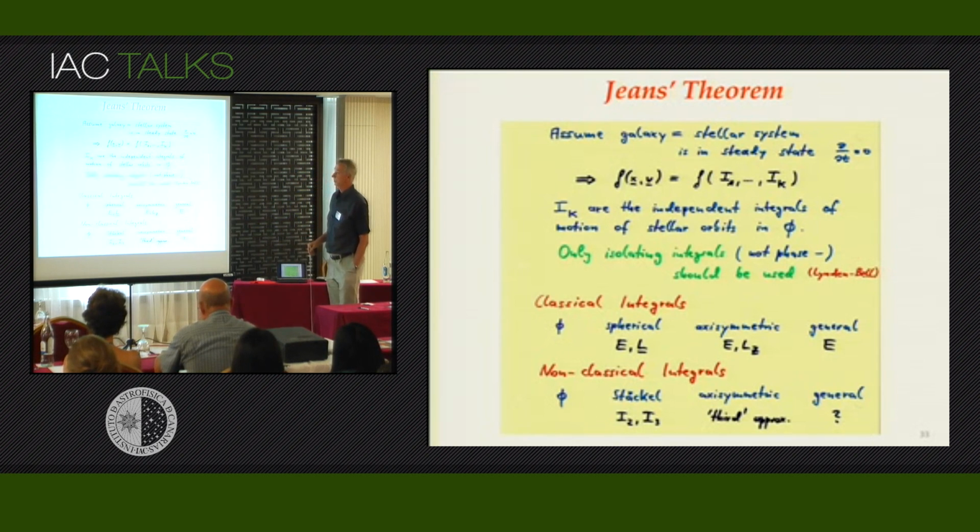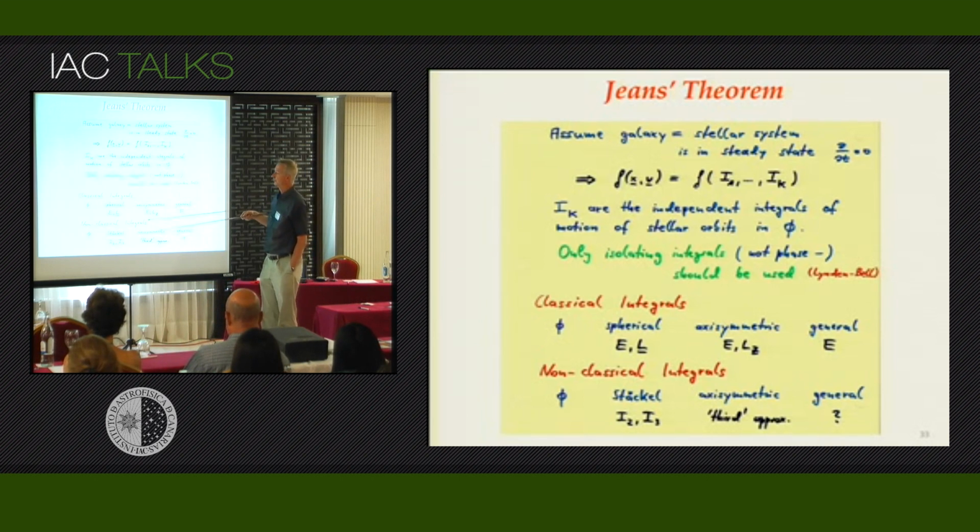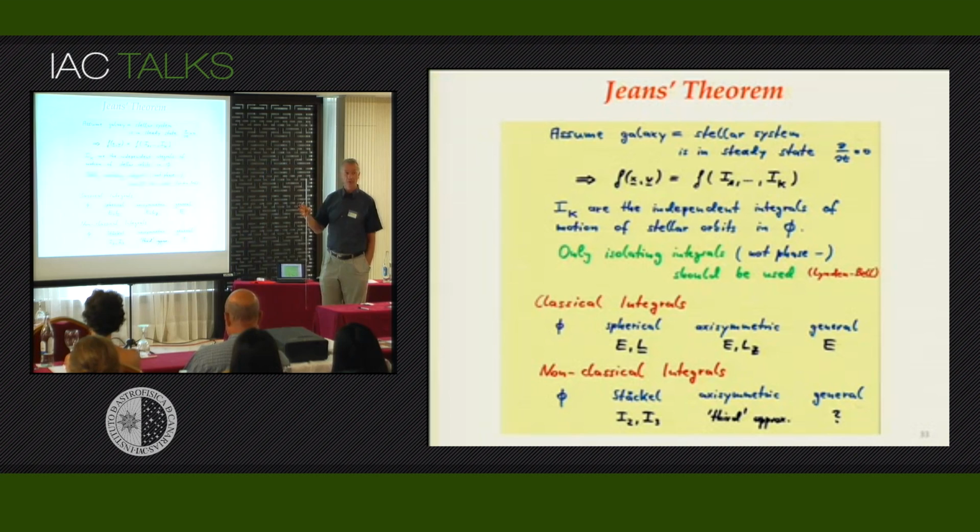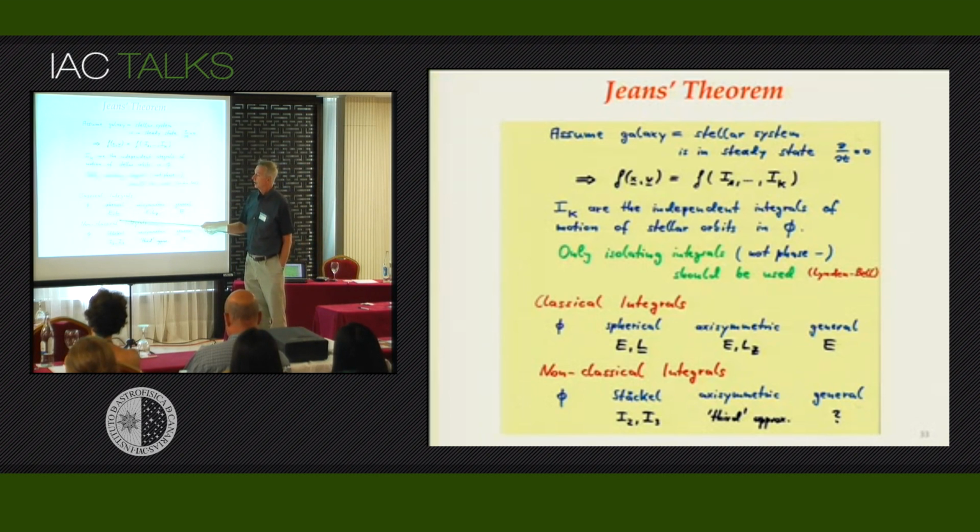That means they should confine the motion to a subset of phase space. And if you remember yesterday, all the integrals in involution have that property. And therefore, we also know that in a general potential, there are 3 isolating integrals of motion, if there are integrals of motion. And so then the distribution function would depend on I1 to I3.